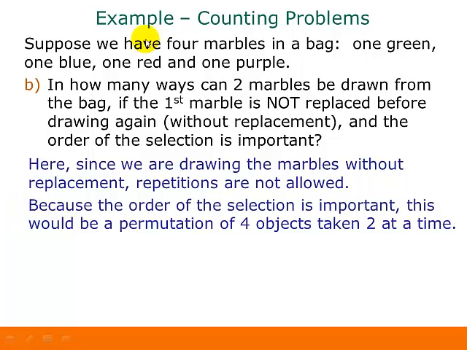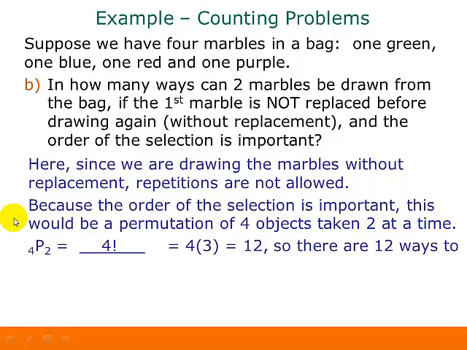We had a total of 4 marbles, so it would be 4 objects, and we're selecting 2 of them, so it would be 4 objects taken 2 at a time. So this would be 4 factorial over 4 minus 2 factorial, or again we start with the 4 and just write down 2 numbers. So this would give us 12. There are 12 different ways to do this.